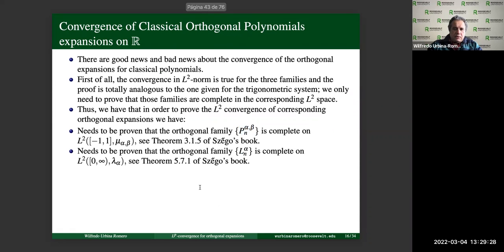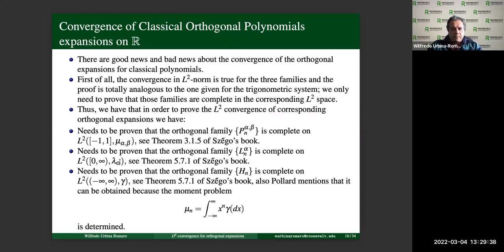So the Laguerre polynomials are also complete in 0 to infinity with respect to the Laguerre measure, and in the same book we can prove that the Hermite polynomials are complete. And here, the way that is proved is using the link of this problem with what is called the moment problem.